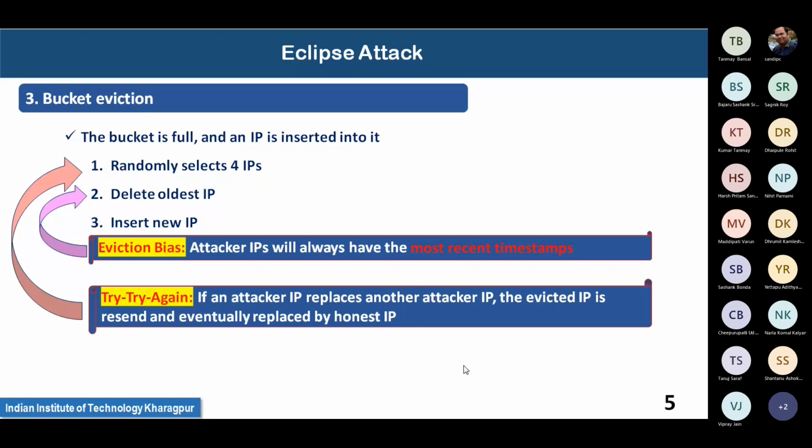And as I said, once this Eclipse attack is successful, first of all this 51% attack can be done, and similarly it can carry out the selfish mining attack, because now it will be able to generate its blocks much faster. Double spending, all these things would be possible once this has been achieved.